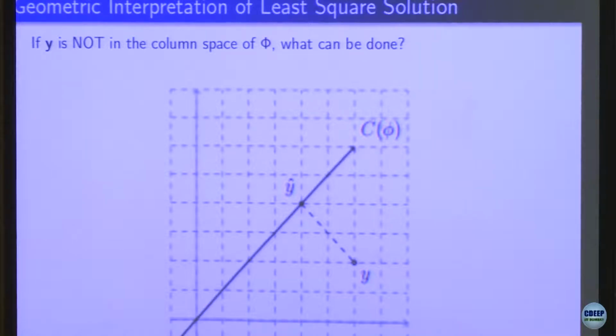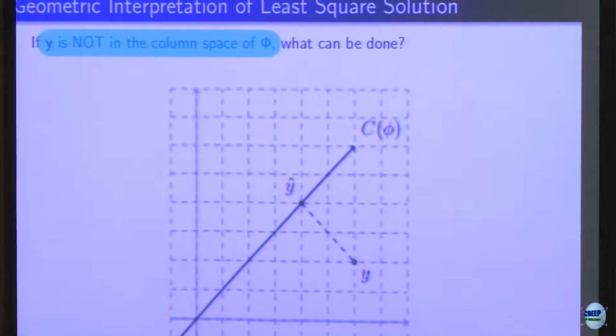But what if y is not in the column space? Y is not in the column space of phi, which means y doesn't belong to this column space. Well, there may be a y star that belongs to the column space, some other point y star.